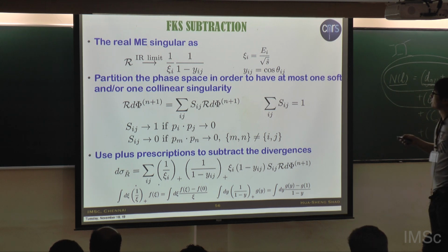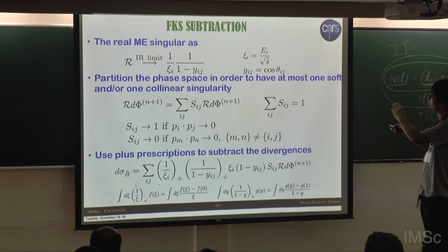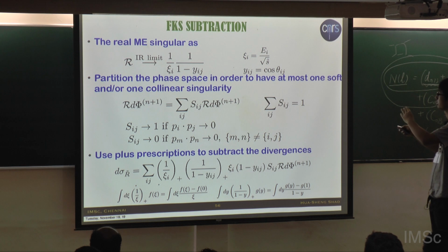So in the FKS subtraction, take your real matrix element. If you take the singular limit, you can in principle have prefactors like 1 over xi_i and 1 over 1 minus y_ij. xi_i is just the particle energy, for example a gluon, over your total center-of-mass energy, right? So as xi_i goes to 0 it diverges, because the momentum goes to 0.